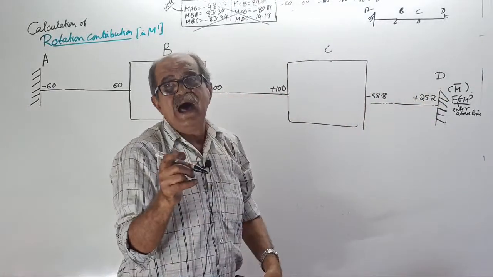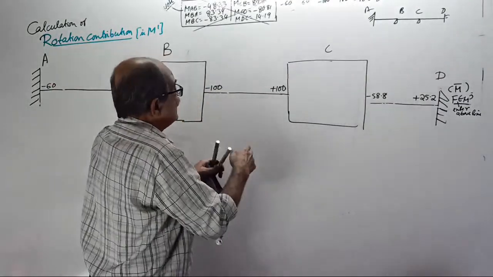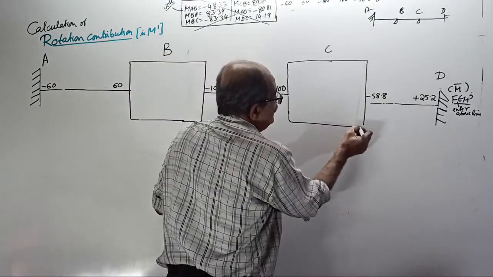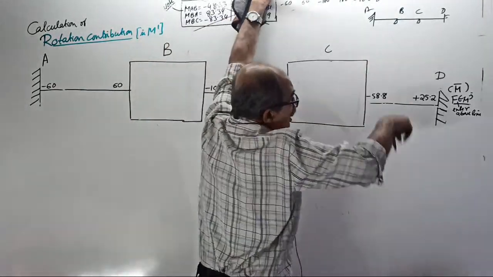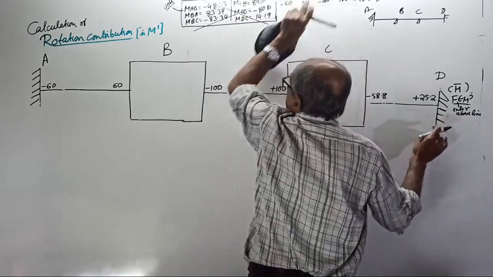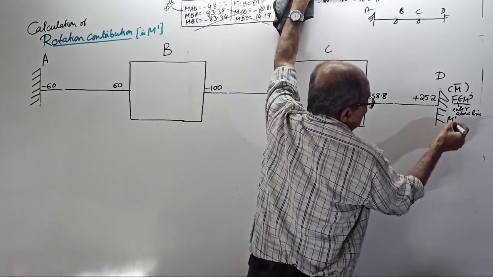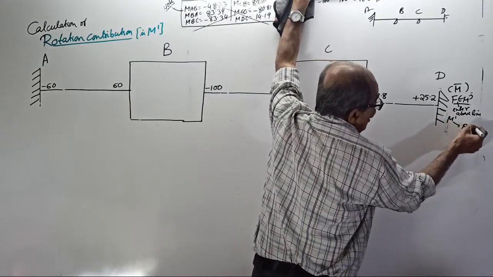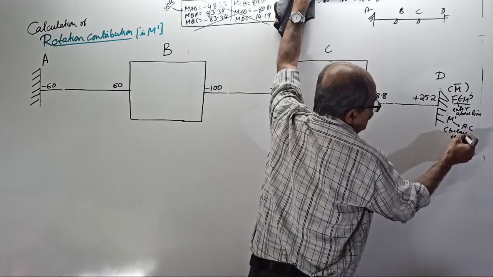These are the values entered above the line. These are the FPMs. Remember, these are FPMs. And below the line, write rotation contribution; the symbol is already there. Next, M dash. M dash means rotation contribution. Enter below the line.